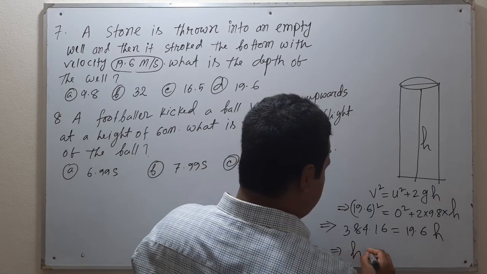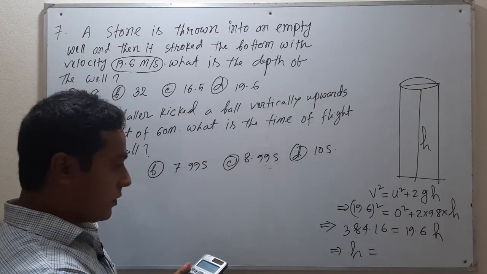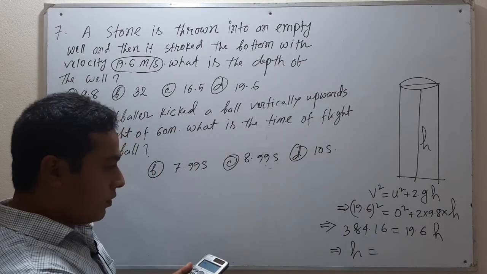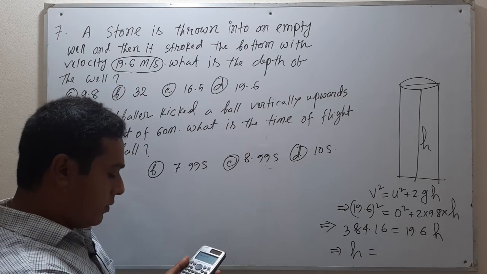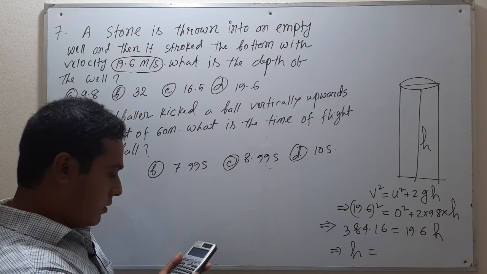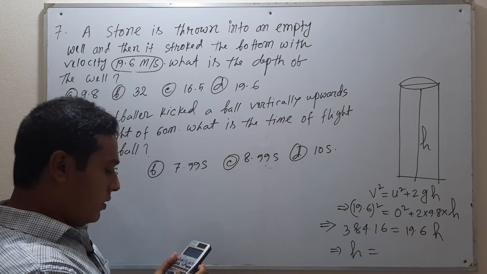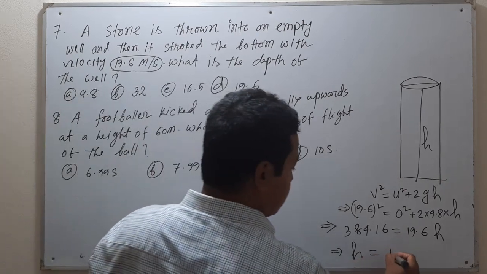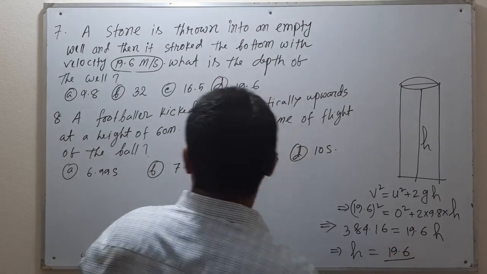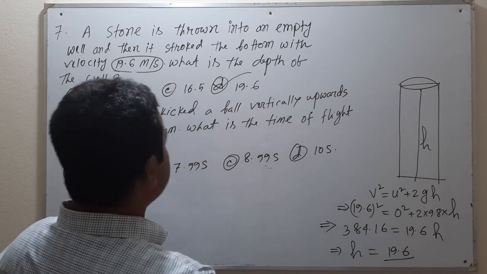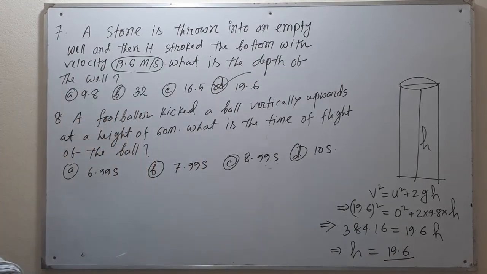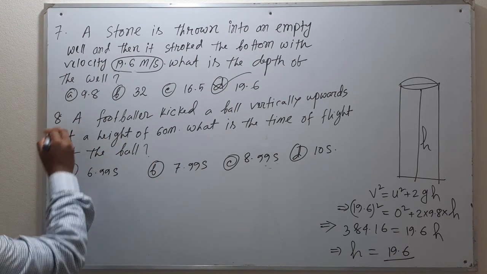So h is equal to 384.16 divided by 19.6. It will be 19.6. Okay, so the answer is 19.6.